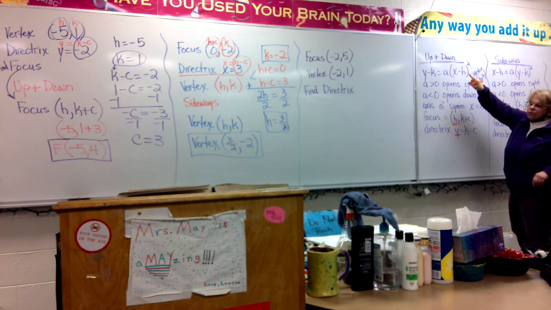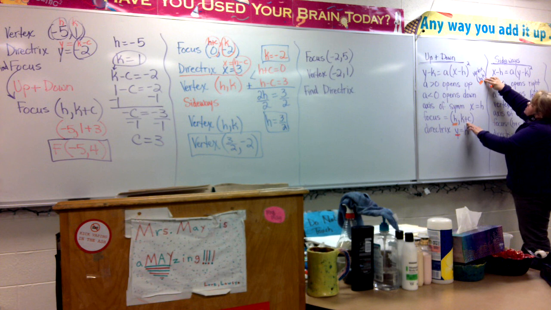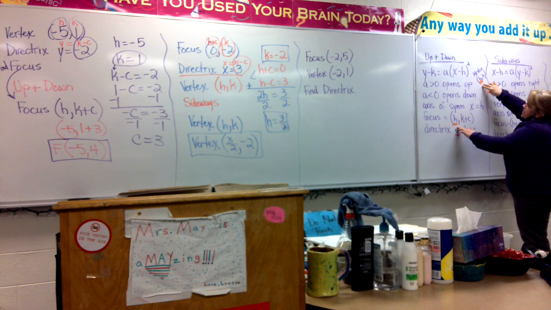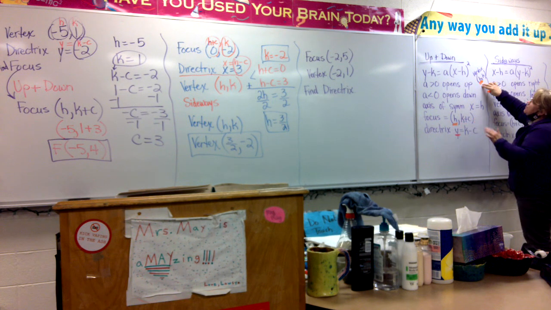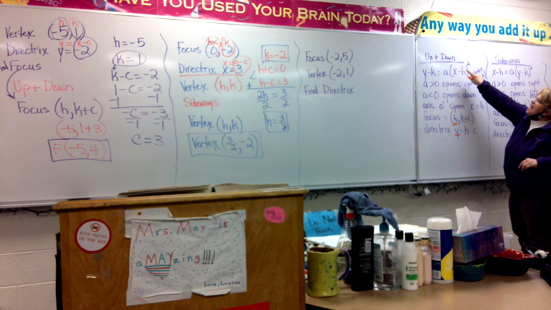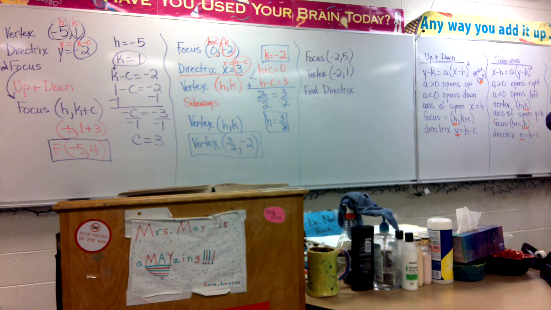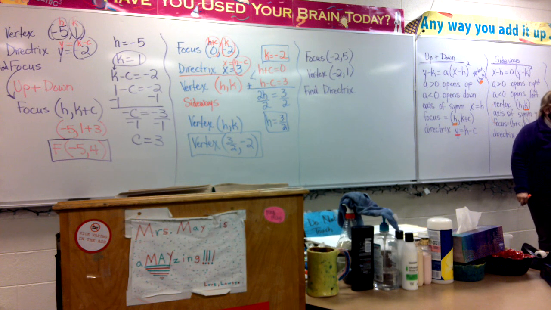The y coordinates are different, but the x coordinates of the focus and the vertex are the same with the up and down. Well, look at this. On a sideways, the vertex and the focus have the same y coordinates. Sideways, the y coordinates are the same. Up and down, the x coordinates are the same.